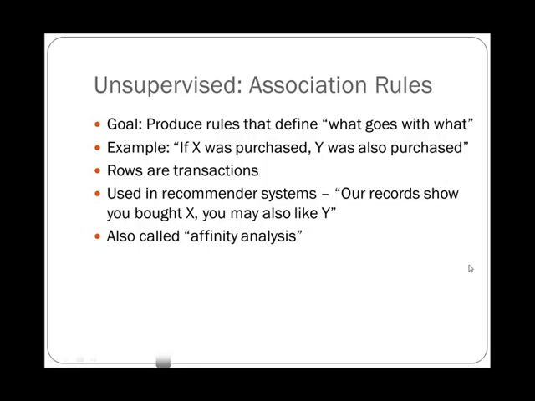A very good example of this is if you go on Amazon or use any of these music or movie recommendation websites, they look at things that you've purchased or watched or listened to, compare that to what other people have also purchased, watched and listened to, and look to see if there's a relationship, and then they make recommendations.